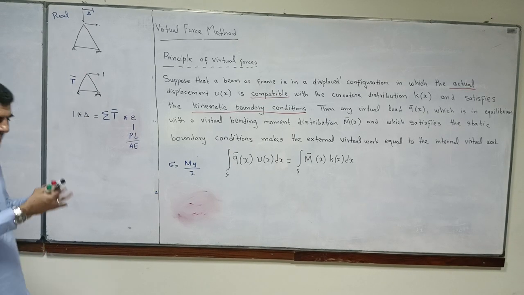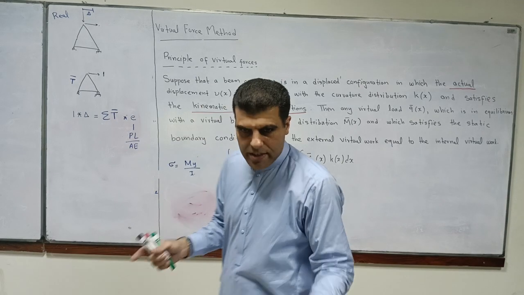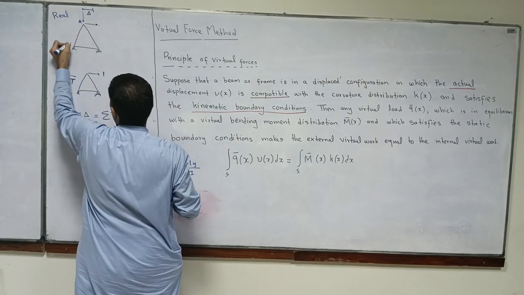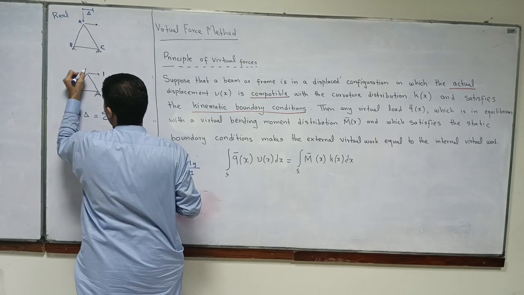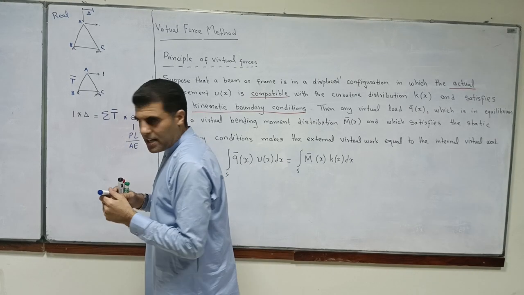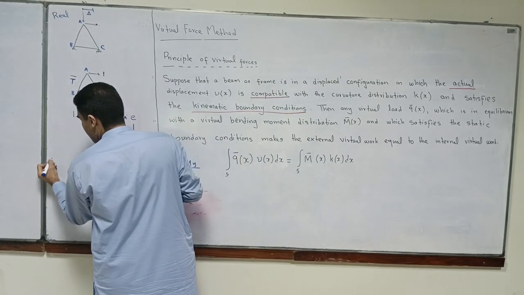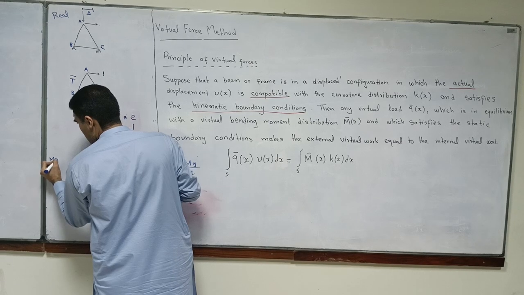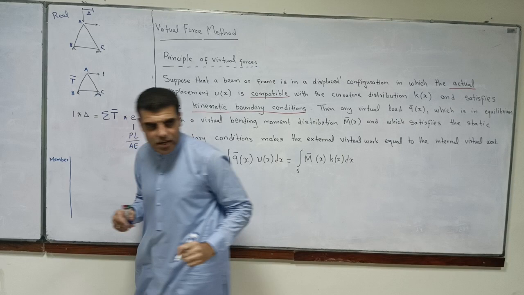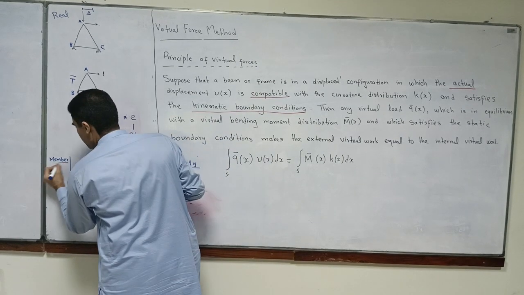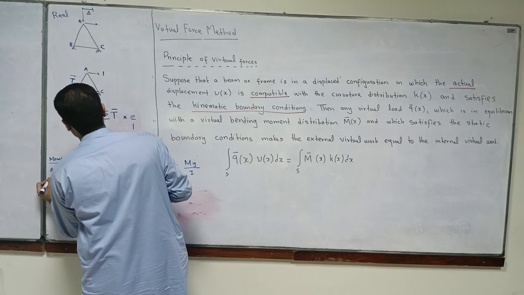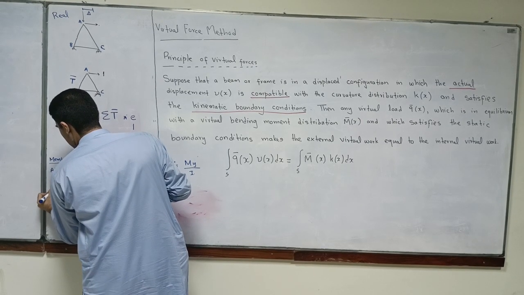We have to draw it in a tabulated form. Imagine I have this truss as A, B, C. I have to draw it in a tabulated form. Let us say the first column will have members: AB and BC.